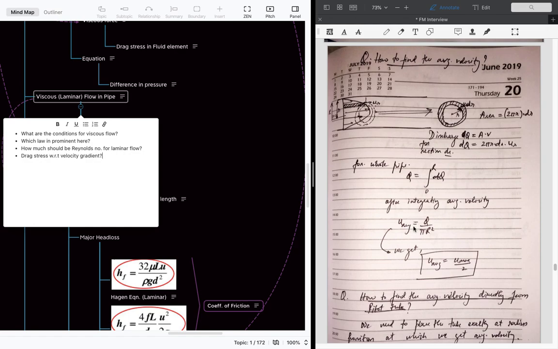As we know, the average velocity is equal to Q by area of the pipe. From this we get that the average velocity is the maximum velocity divided by 2.